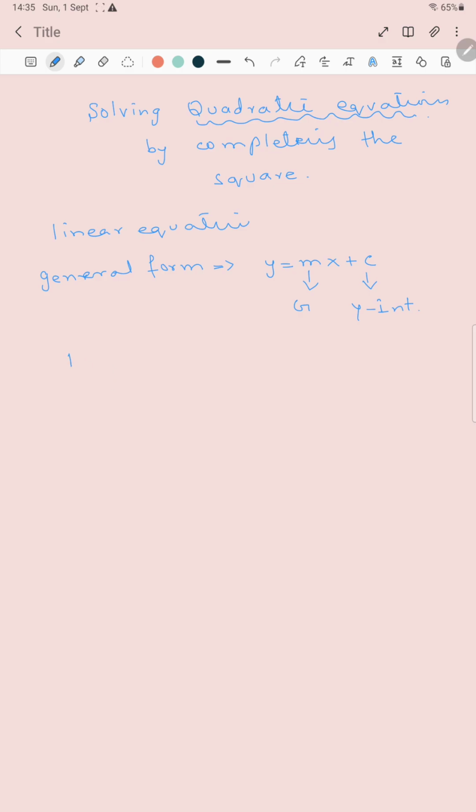In this, the highest power of x is 1. That is why we call it a linear equation. In this case, you will get only one root or one answer of x.